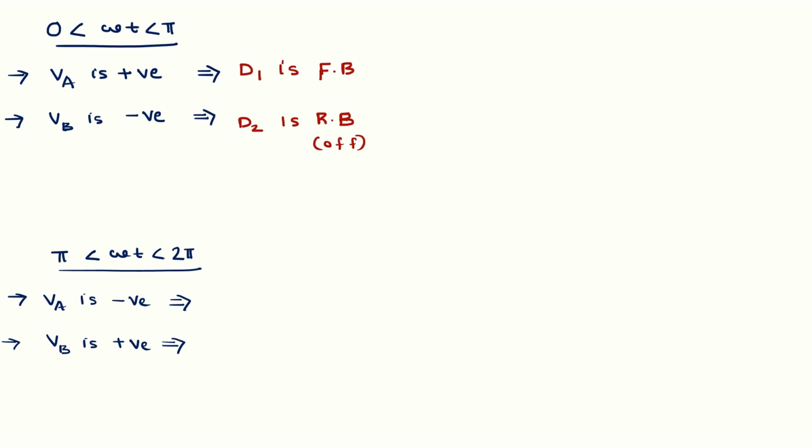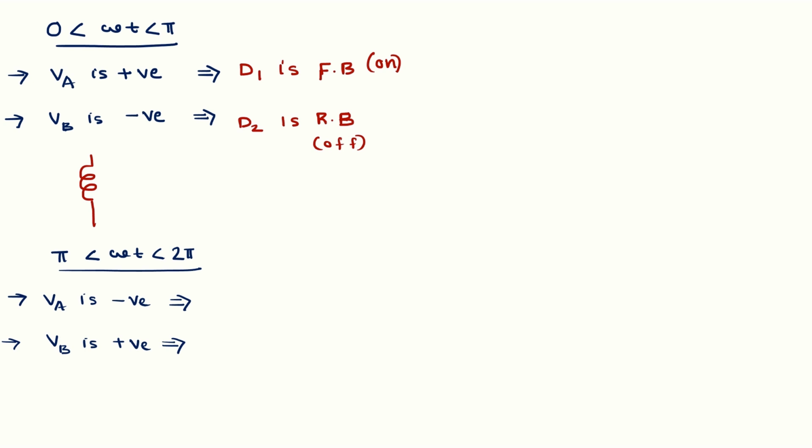So now we are in this situation: when omega t is from 0 to pi, only D1 is in forward bias mode. That means only D1 is on. I am drawing the diagram for this scenario, just one portion.